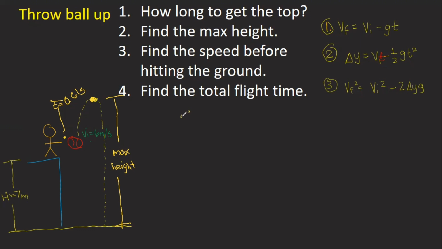We can now use the second kinematic equation. So we have change in y is equal to v initial times time minus 1/2 gt squared.